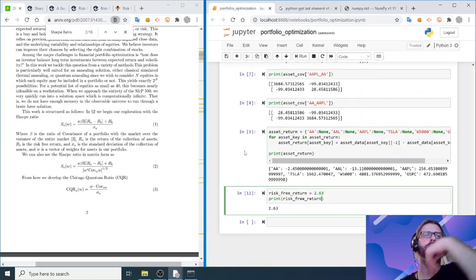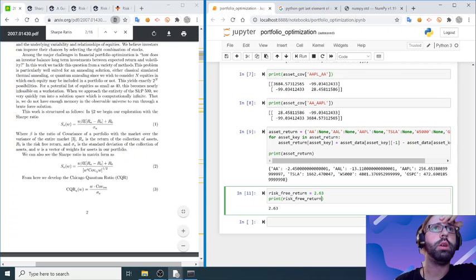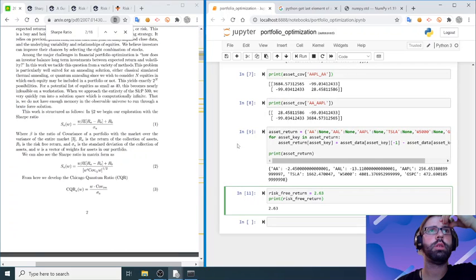But it's the standard deviation of a collection of assets. I guess each asset has a standard deviation, right? In matrix form.